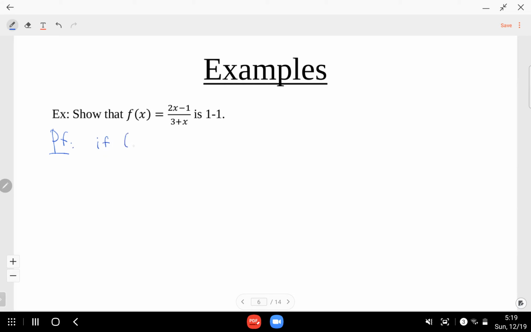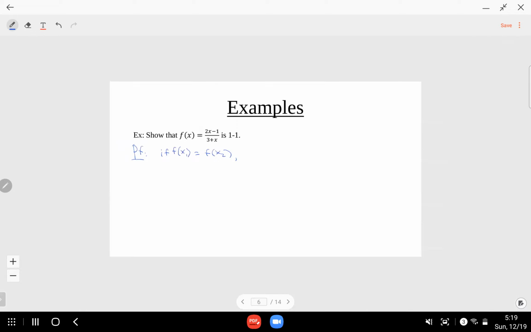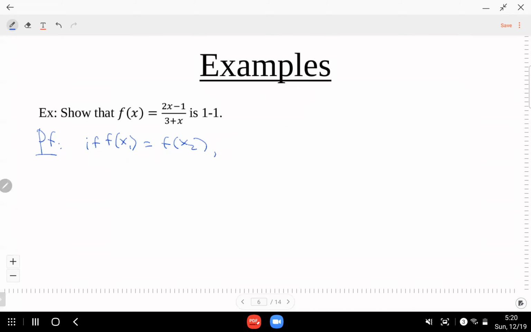If f of x1 is equal to f of x2, we just need to prove that x1 equals x2, right? And if f of x1 equals f of x2, we just need to plug that in. So 2x1 minus 1 over 3 plus x1 should be equal to 2x2 minus 1 over 3 plus x2.